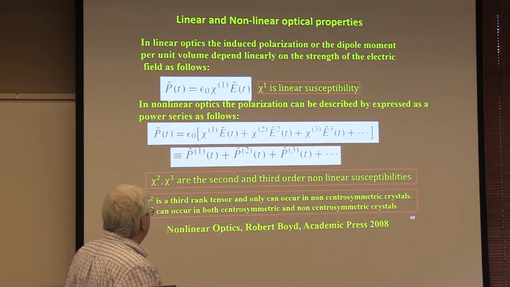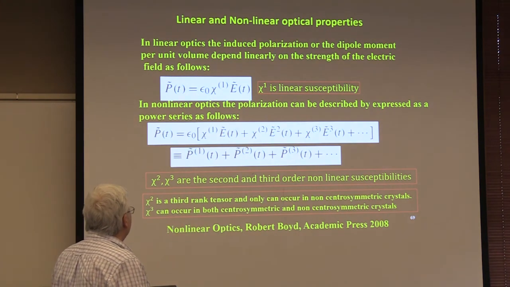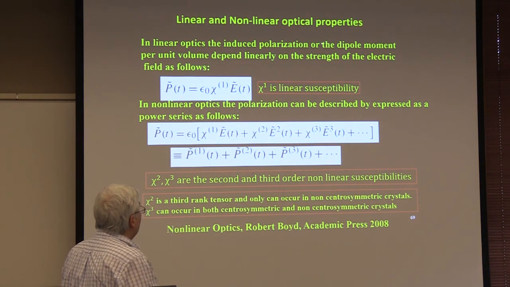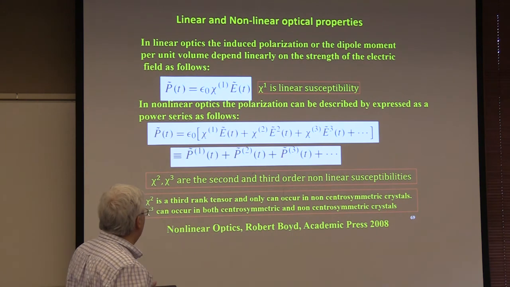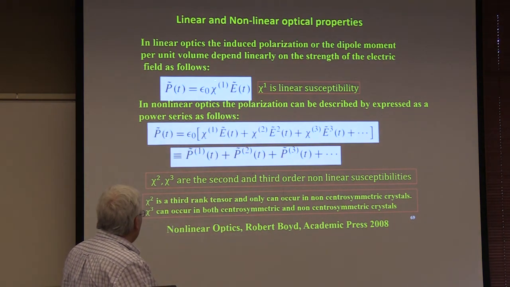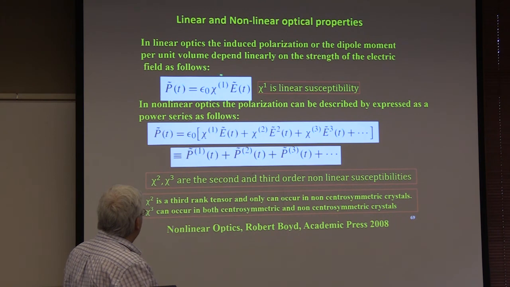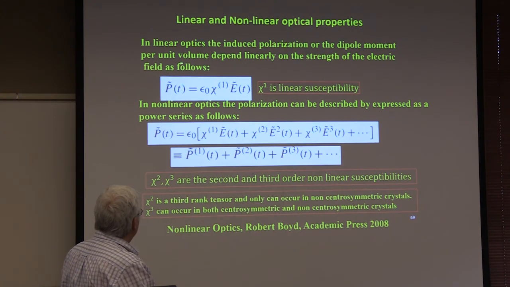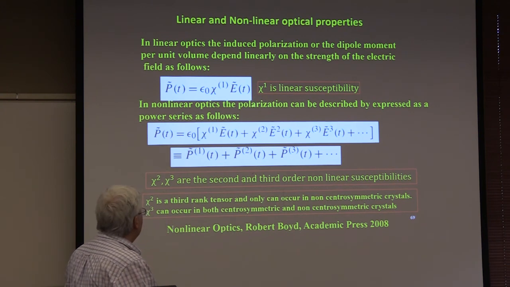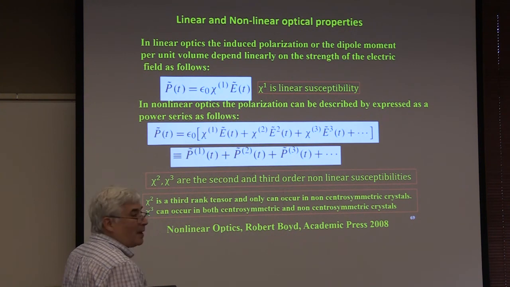In linear optics, you excite with a particular excitation, and you can induce a dipole moment per unit volume, or a polarization, in your system. If you are in linear optics, you can express this polarization in terms of your electric field in this way. This is called chi1, and this is what happens in linear optics.